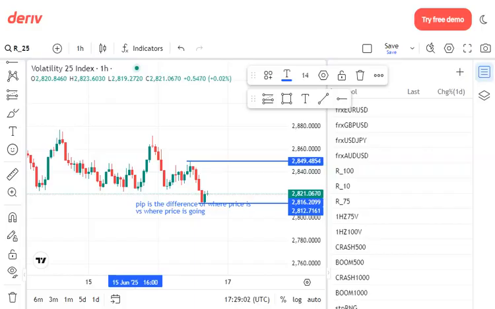So pips is the difference of where price is versus where price is going. So, the difference.